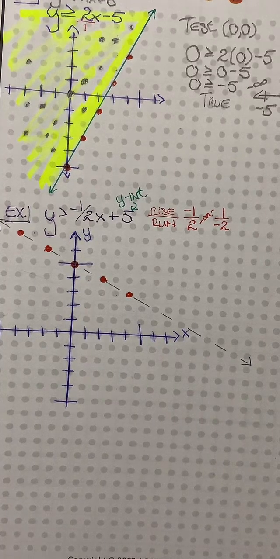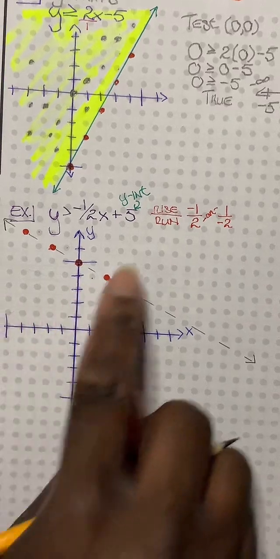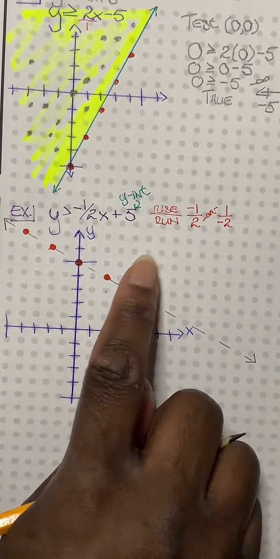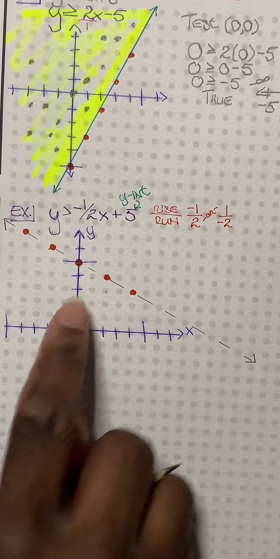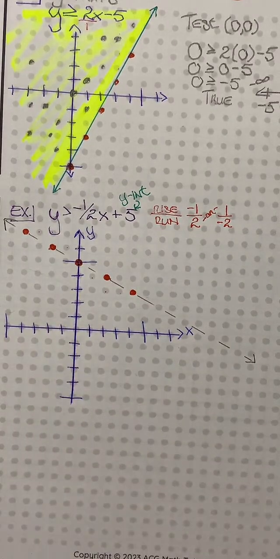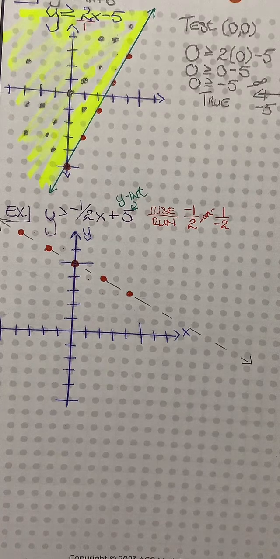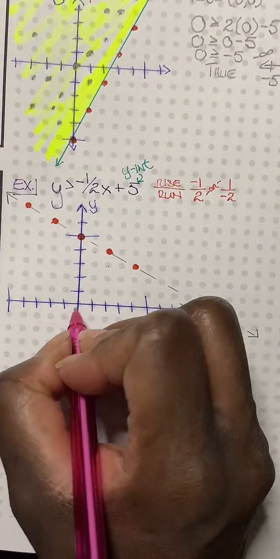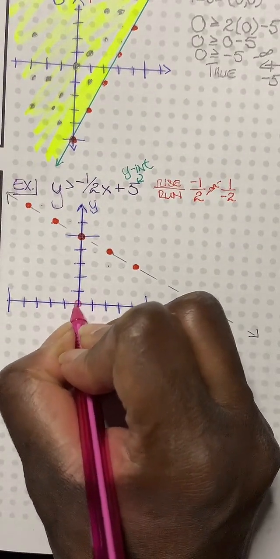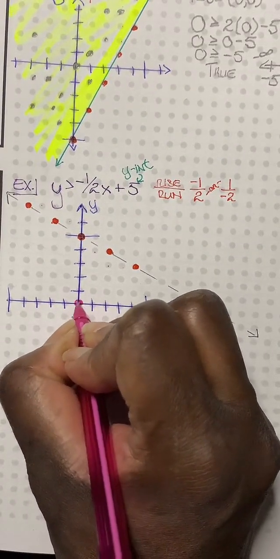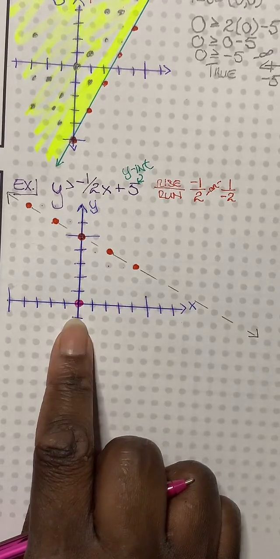All right. So now we need to figure out which way we're going to shade. Are we going to shade above or are we going to shade below? If you can't see it yet, it's okay. This is why we're going to test it with the point 0, 0.